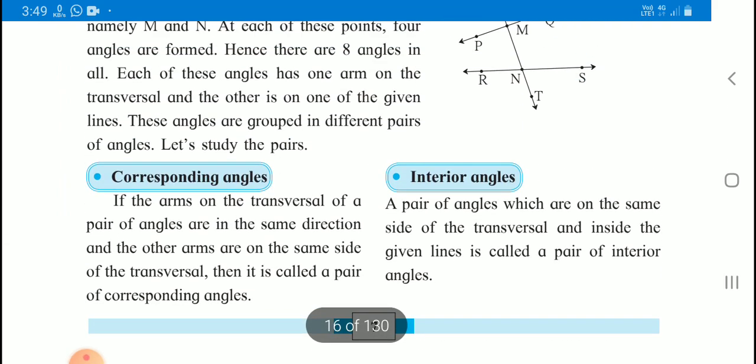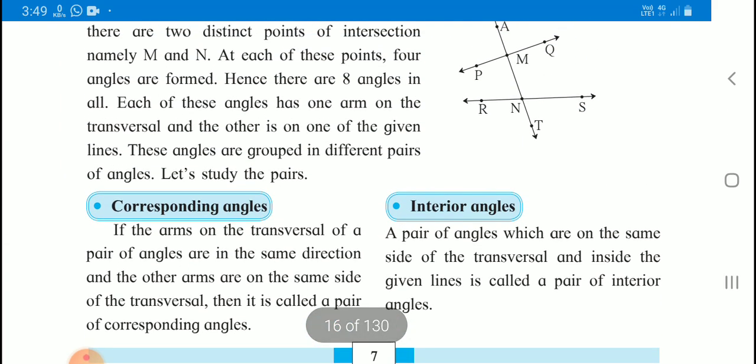Now we will see the corresponding angles. If the arms on the transversal of a pair of angles are in the same direction and the other arms are on the same side of the transversal, then it is called a pair of corresponding angles.